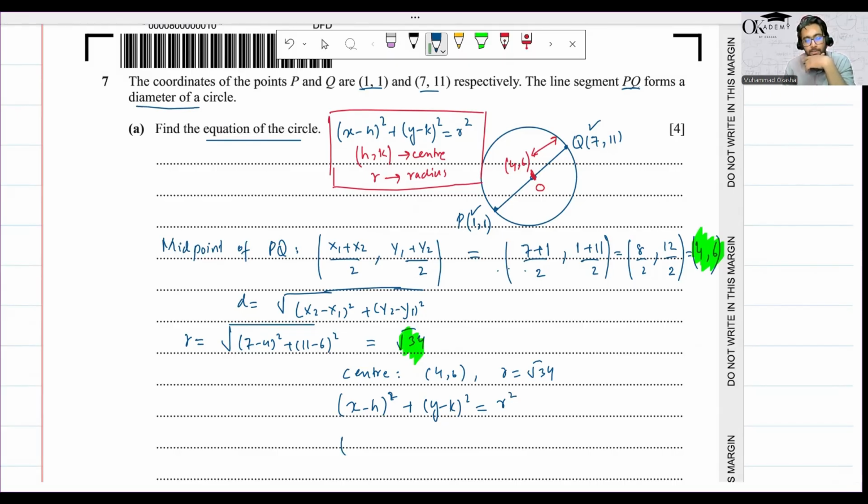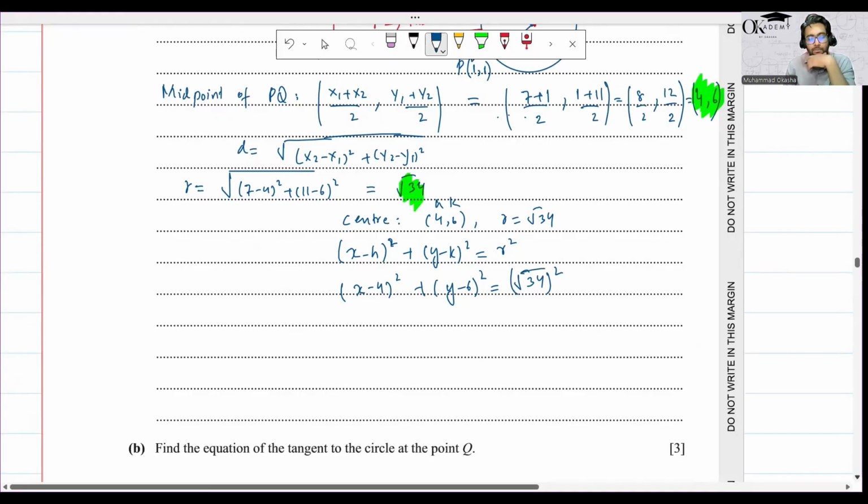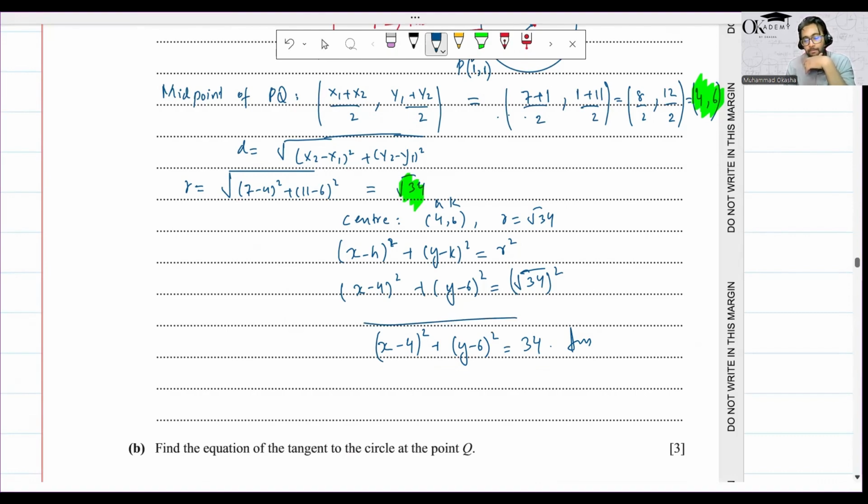This is h and this is k. So (x minus 4) whole squared plus (y minus 6) whole squared equals square root 34 whole squared, which in the next step, the square cancels out the square root, and I am going to get 34, and that is the answer.